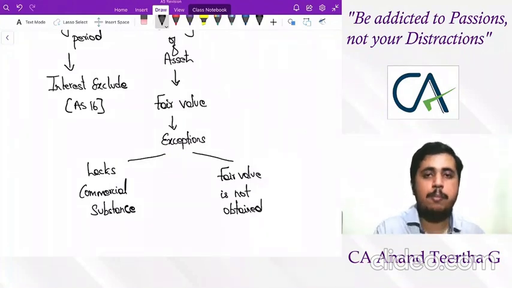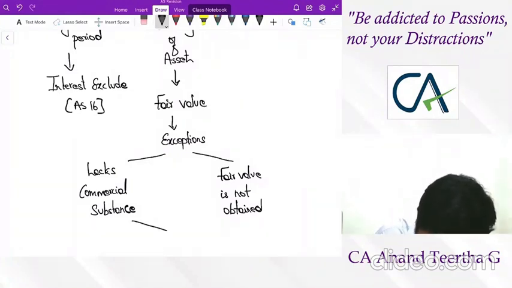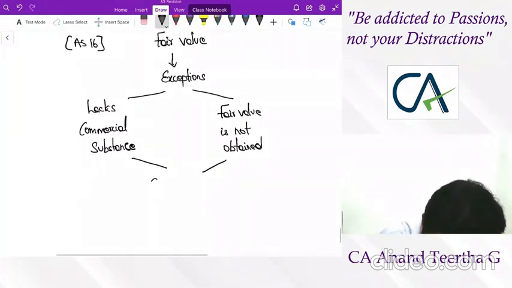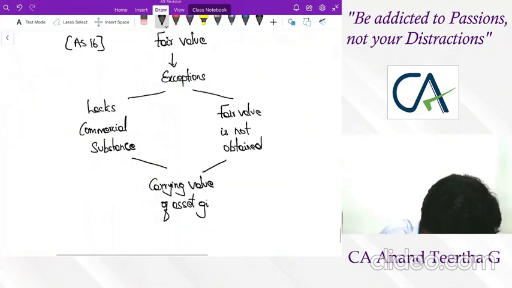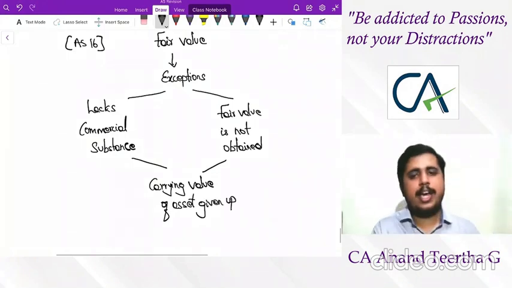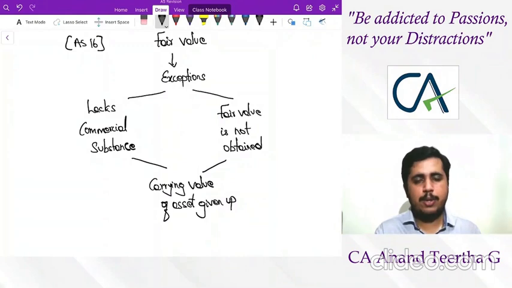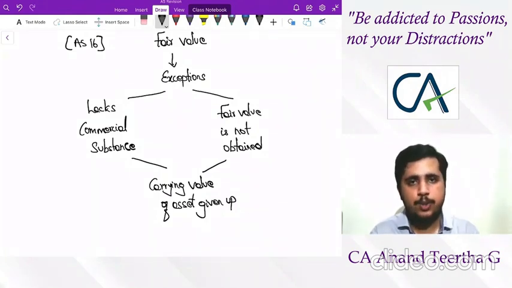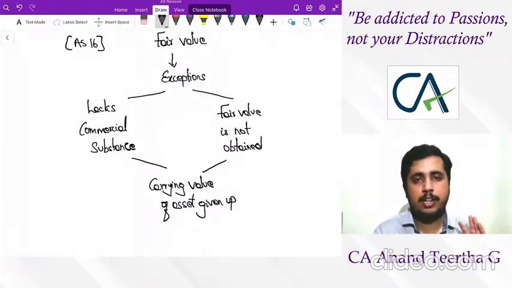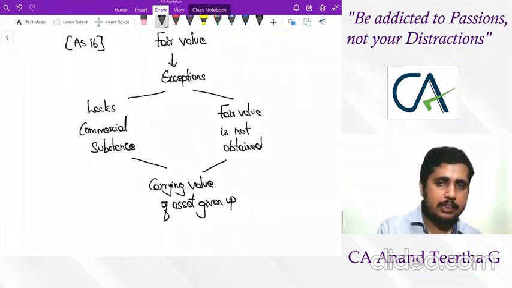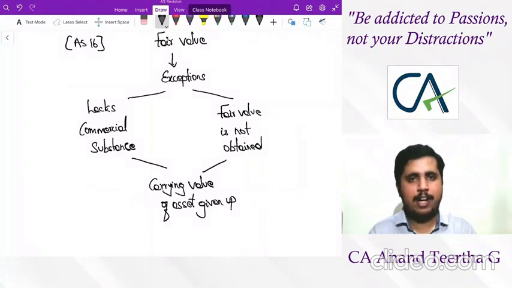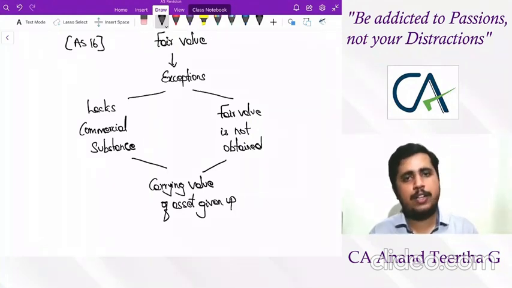At that time, what will be the value? At that time, consider the carrying value of the asset given up. So that's how you have to consider the exchange of asset scenario, whereby if it is a normal transaction, consider fair value. But if there is no commercial substance or there is no fair value, then consider the carrying value of the asset given up.